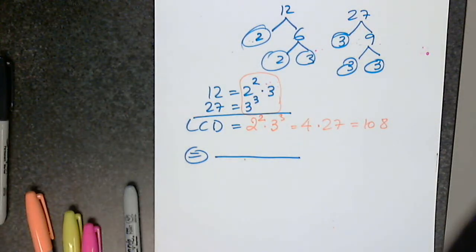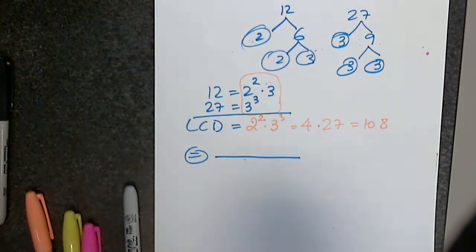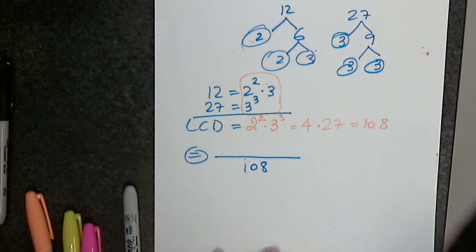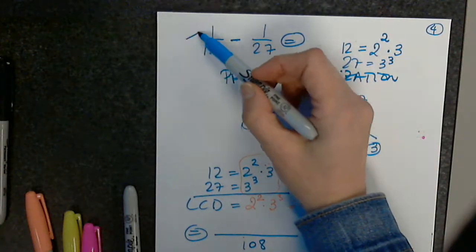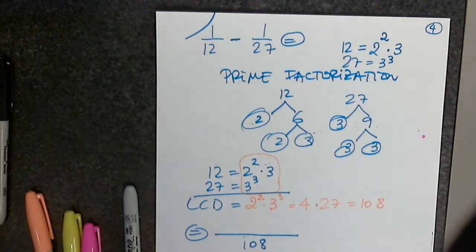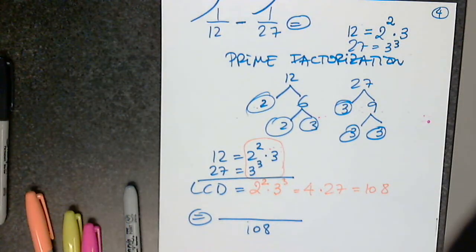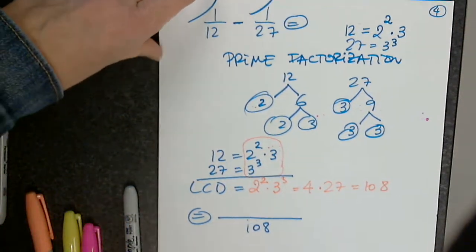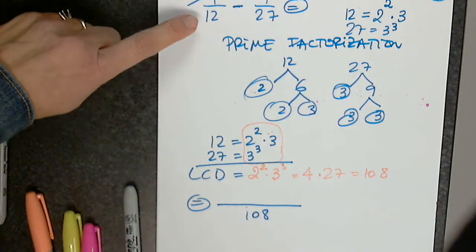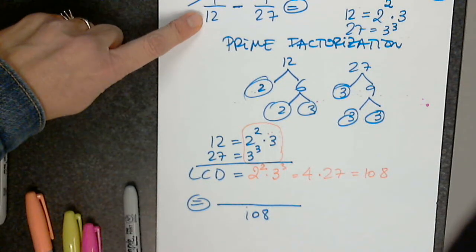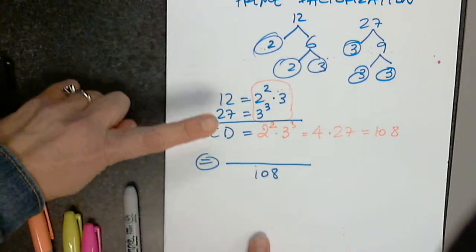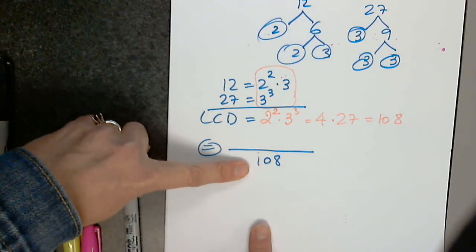What is the LCD? Good. I call these adjustments. What is the adjustment needed for the top of the first? And what is the adjustment needed for the top of the second? And the question is, I'll figure it out by asking myself, 12 was multiplied by what to get 108.